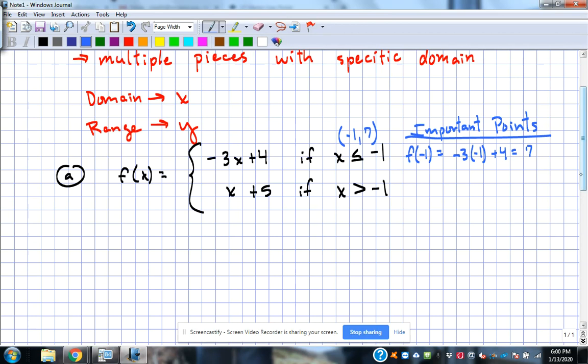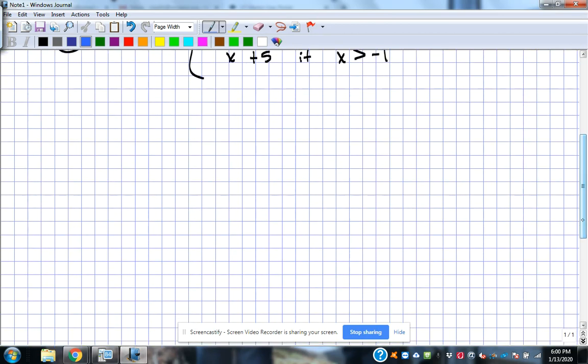Okay, so I'm going to draw myself a little coordinate plane down here, X and Y axis. About a 10 by 10 would be plenty.